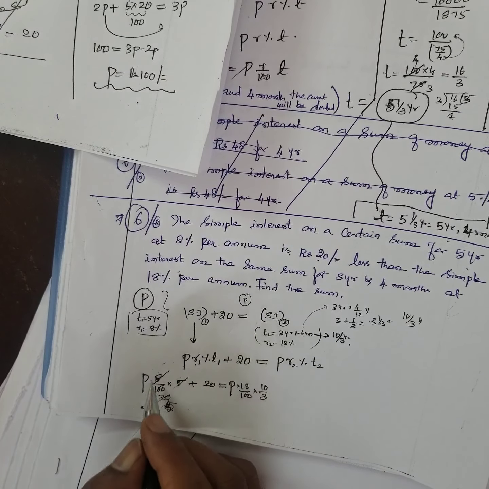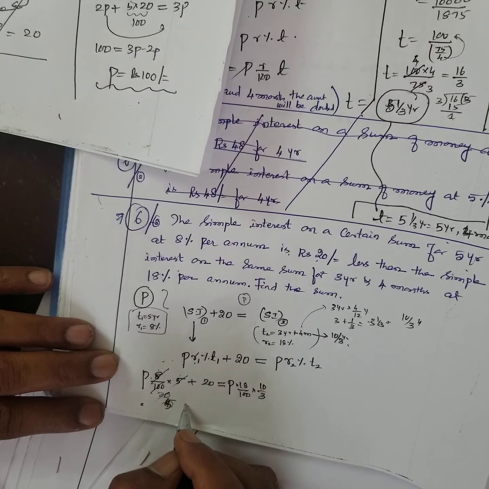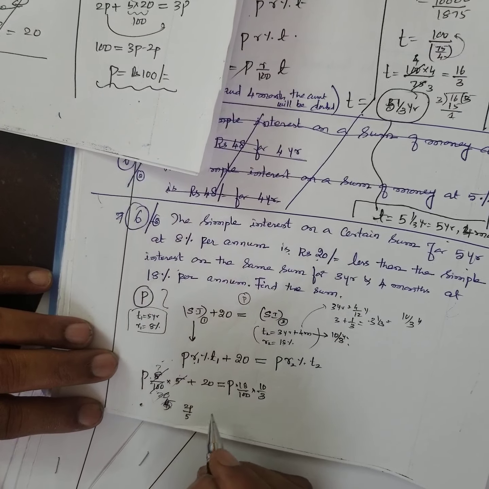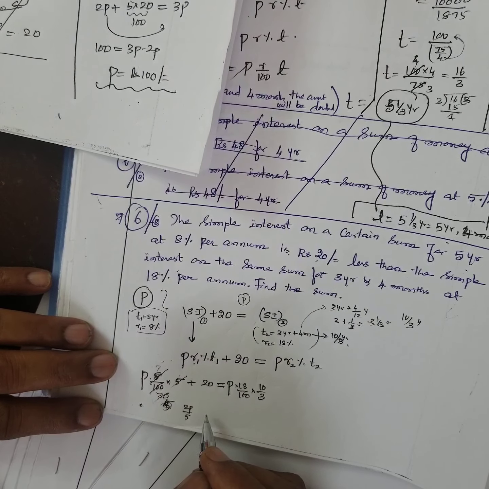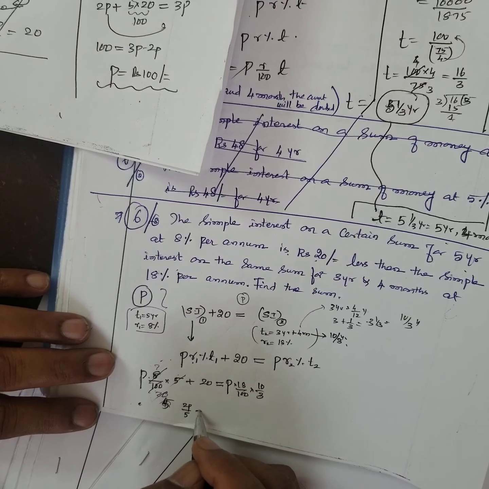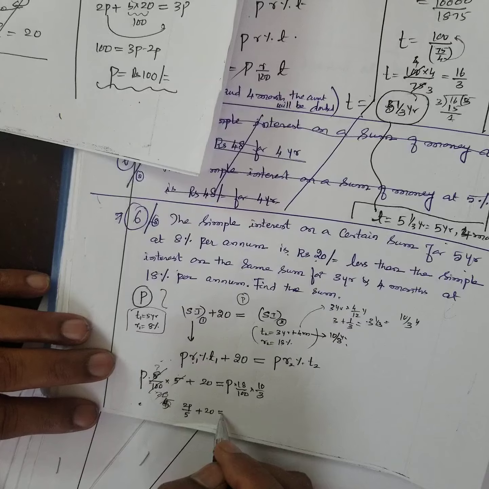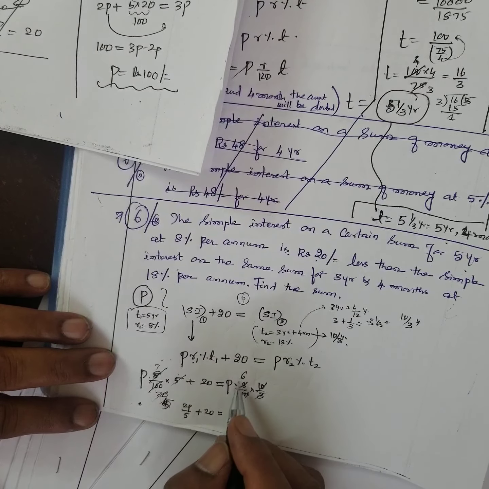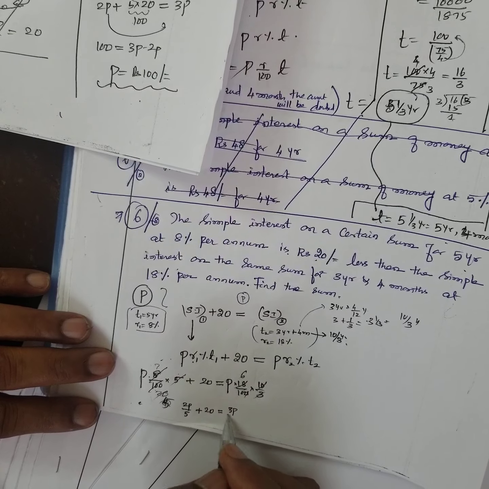Therefore, 2P by 5. This is 2, this is 5, 2P by 5, plus 20 is equal to this 6 times 10, this is 3P by 5.